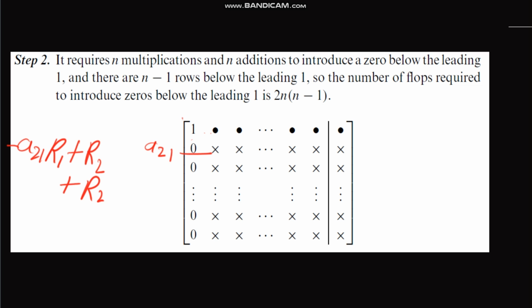Now just tell me, how many multiplications did we need here? Just think about it. How many elements are there? How many multiplications, and how many additions did we need here? You have to think about it.